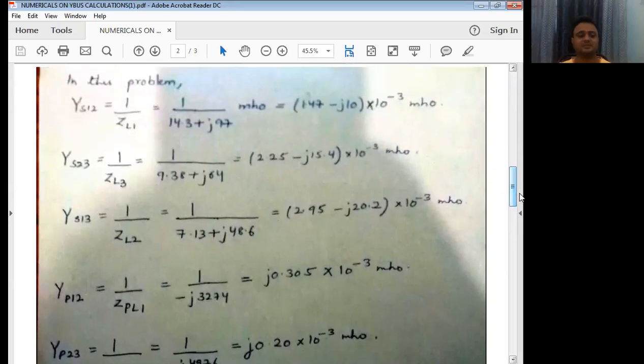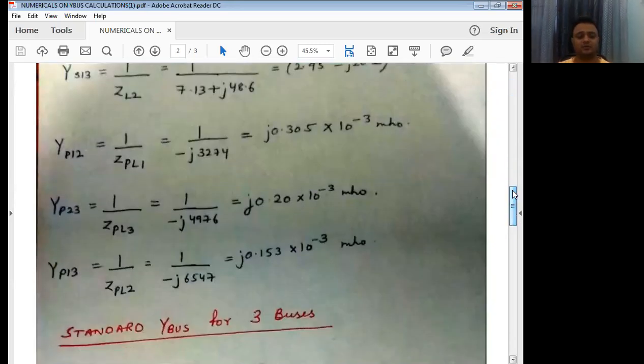So just calculate at the first instance the series admittance. Then we will go for calculating shunt admittance, P12, P23, P13. Shunt admittance is the inverse of shunt impedance. Shunt admittance between 2, 3 is the inverse of shunt impedance of line 3.